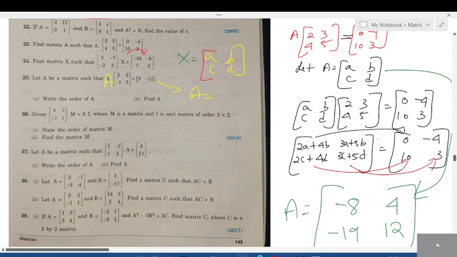For the 25th question, now tell me the value. This A, what will you assume? According to which one, the matrix before the equal sign or after? What's the rule I told you? After the equal sign, right? So what do you have to assume here? A and B. If you take A, B, C, D, that is wrong, students.